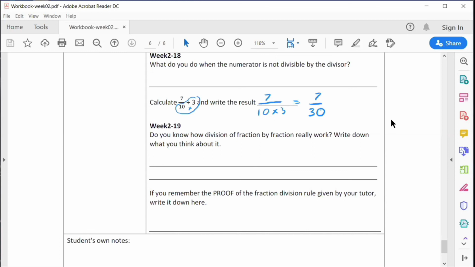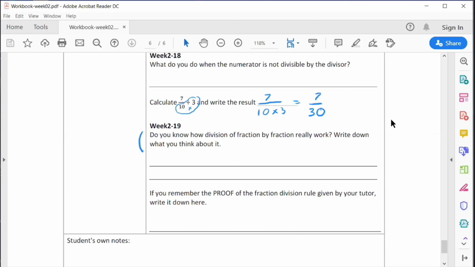Now, by now, you probably know, but I'd like you to write what you think. Do you know how division of fraction by fraction really works? Write what you think about it. And then the next bit is a challenge.